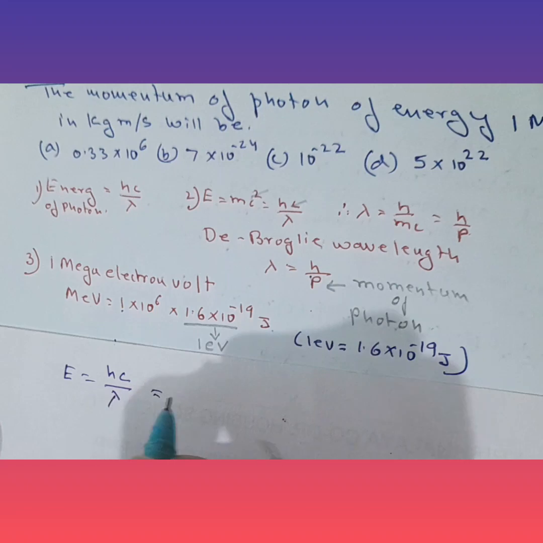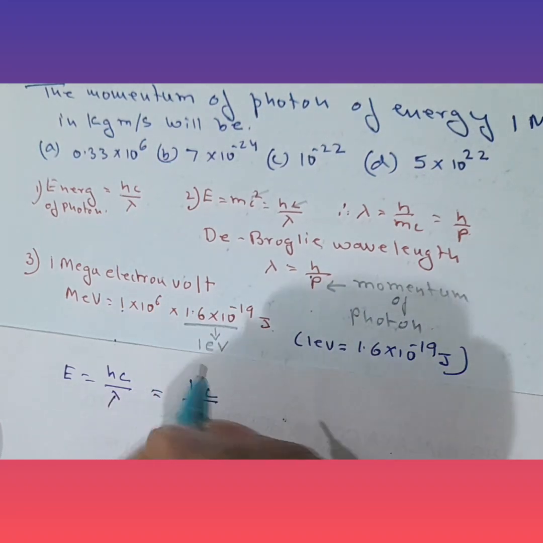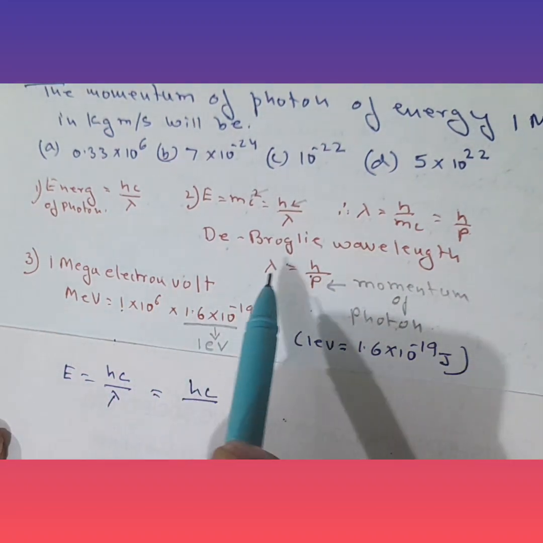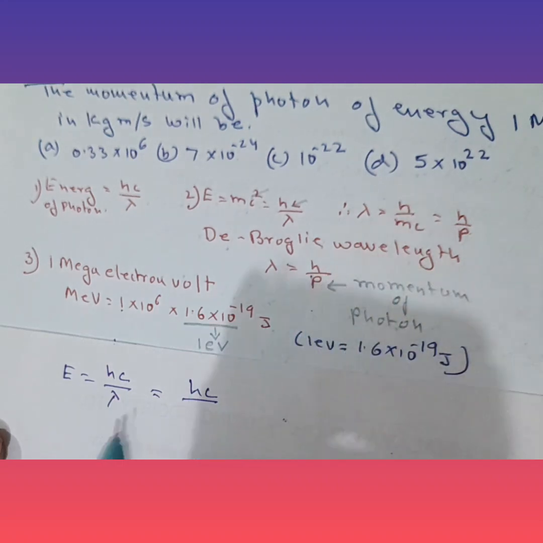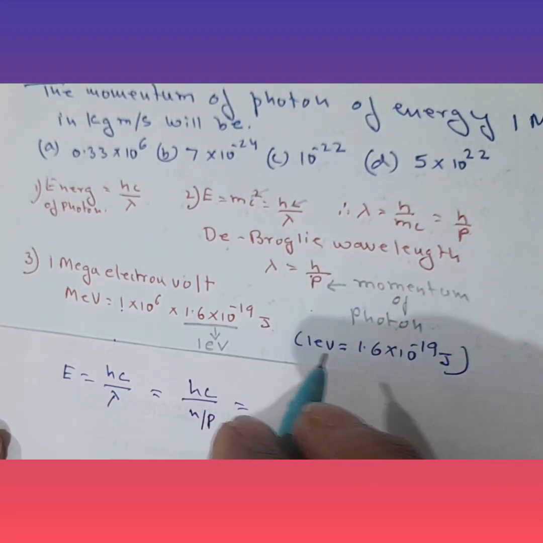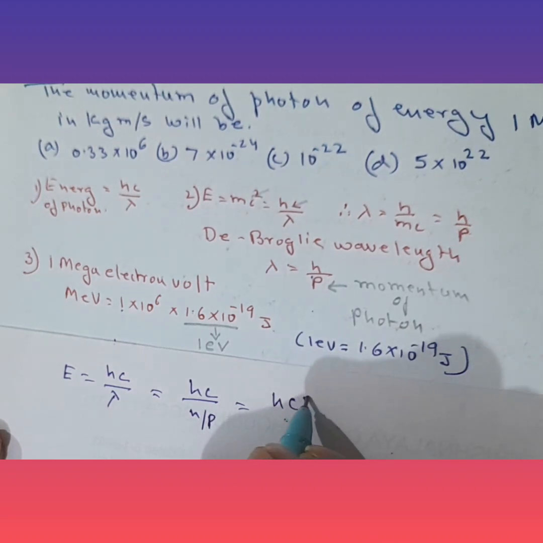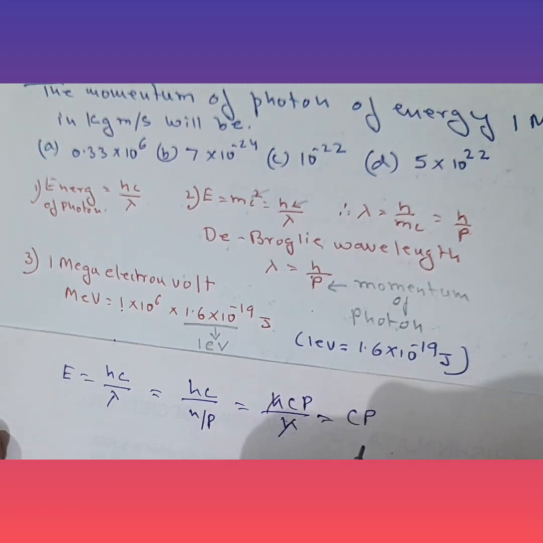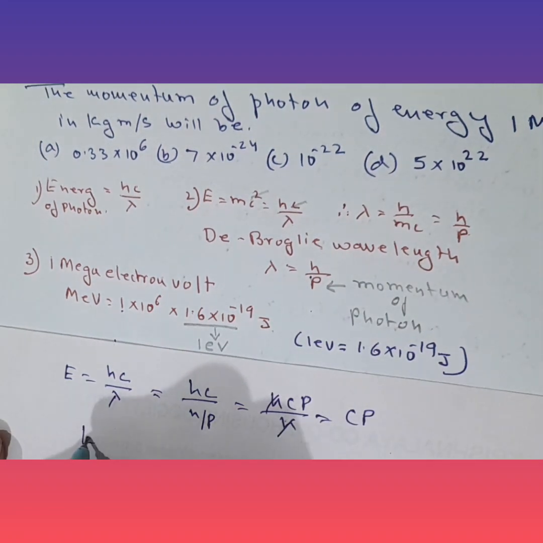Now hc remains as it is, whereas in case of lambda we put in de Broglie's wavelength, that is h over p, which becomes, now p goes up, so it becomes hcp over h. So h and h gets cancelled, and we end up with cp. So energy is equal to cp.